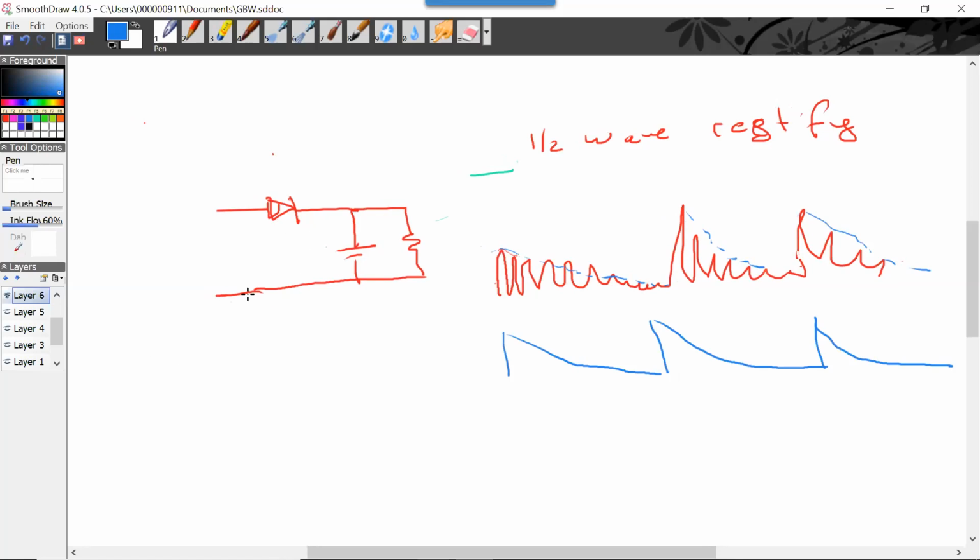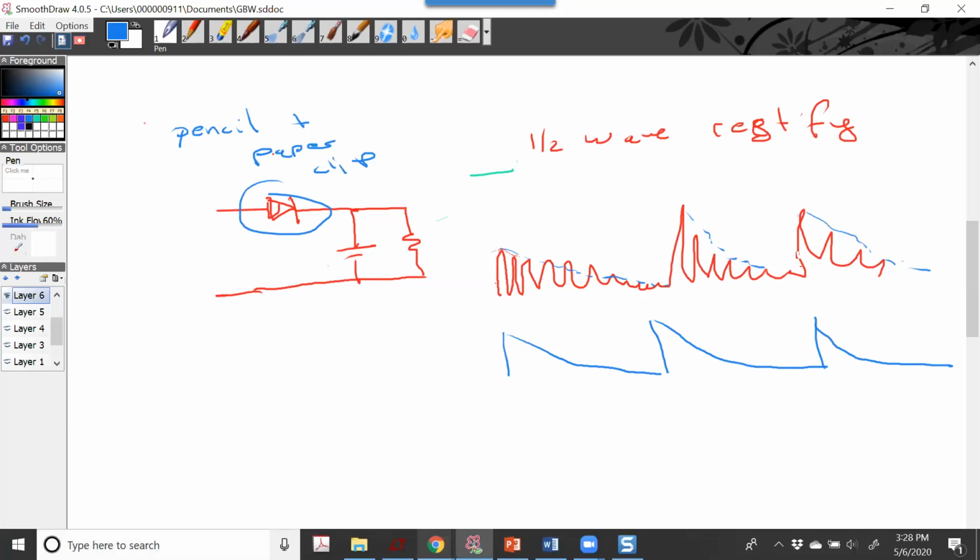Now the demodulation for FM and phase modulation is different. But the thing is, you could make a diode right out of a pencil and a paper clip, which is kind of why AM is great, is that you could be in an emergency and you could always kind of make an easy radio.